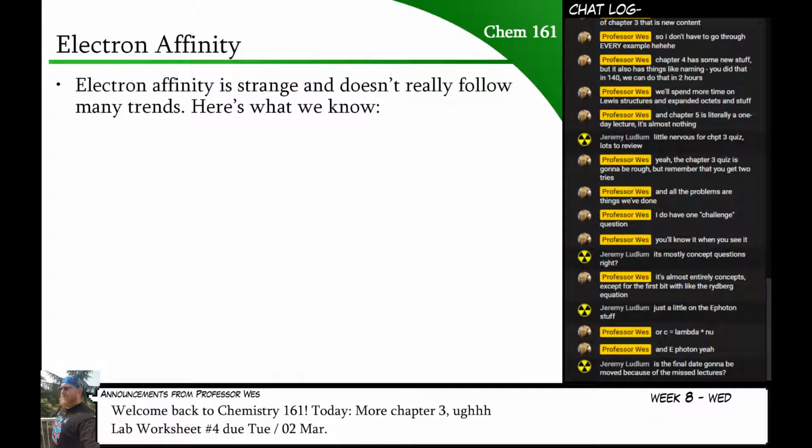So I want table of contents, Unit 3, periodic properties, electron affinity. That's first ionization energy. That's second ionization energy. There's electron affinity. That's what I want.